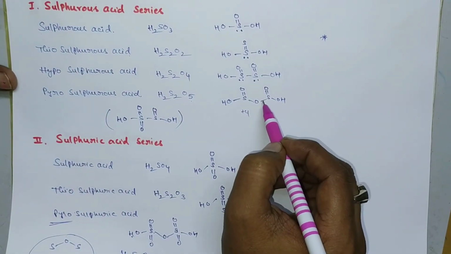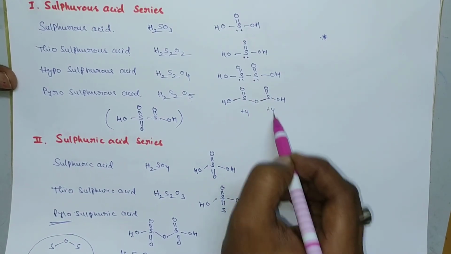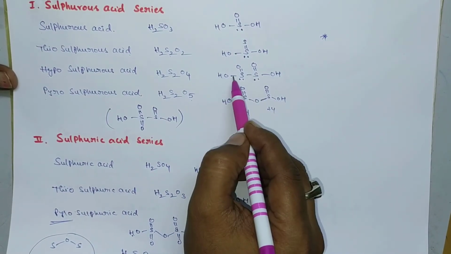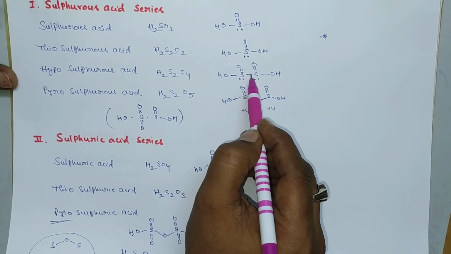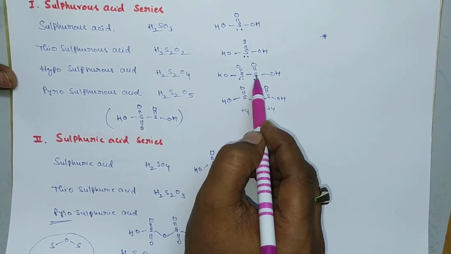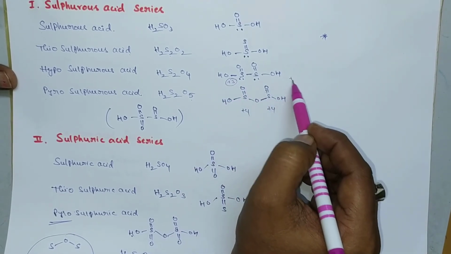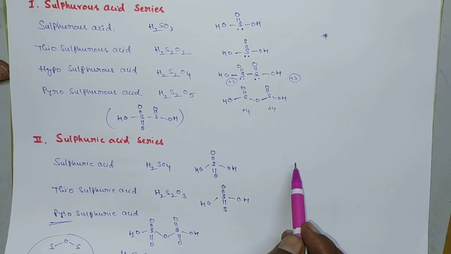For this sulfur also, 1, 2, 3, 4, so here also plus 4. Like this we can calculate the oxidation state. Here the number of bonds it forms with other elements is 1, 2, 3 only. We should not consider the bond to the similar element. Okay. So here it exhibits plus 3 and here also it exhibits plus 3. So you can go through that previous video. I will give you the link in the description.